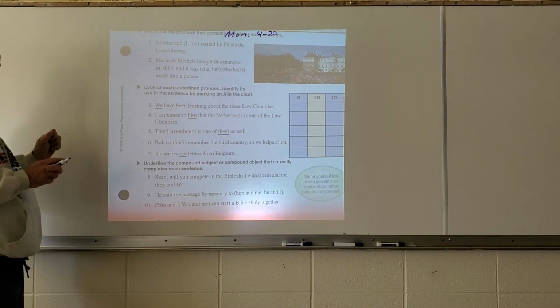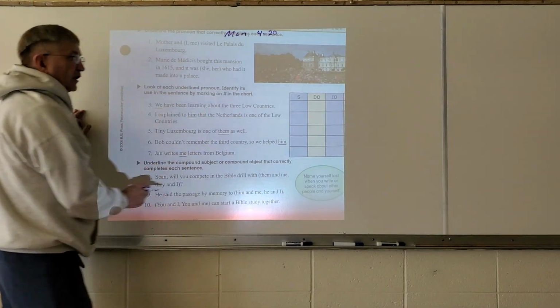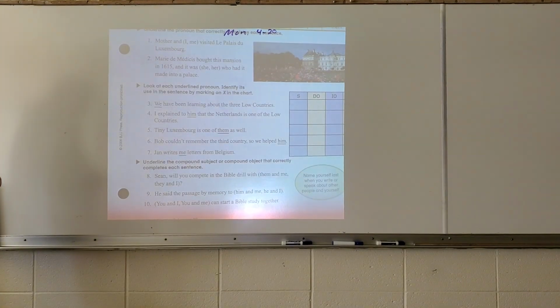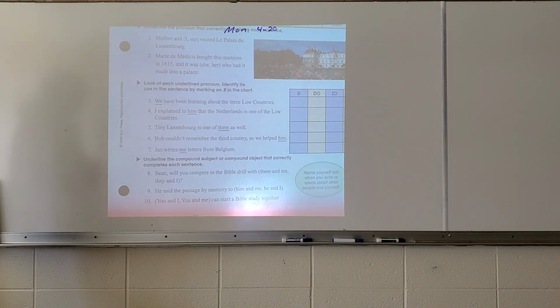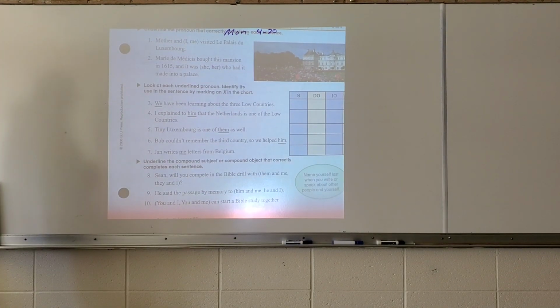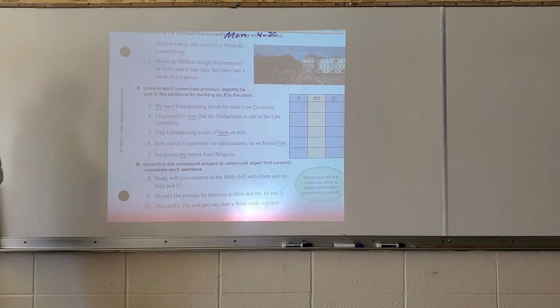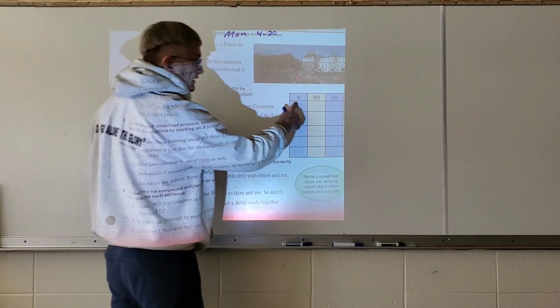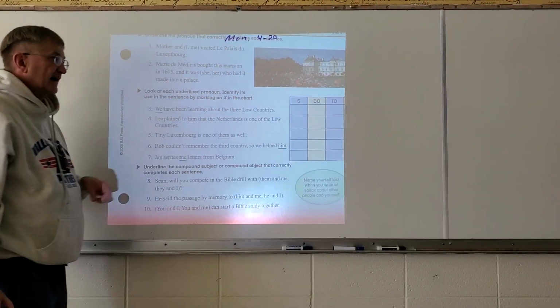"We have been learning about three low countries." Look at each sentence, underline each underlined pronoun, and identify it using the sentence by marking an X in the chart. So we have a subject, a direct object, and an indirect object.